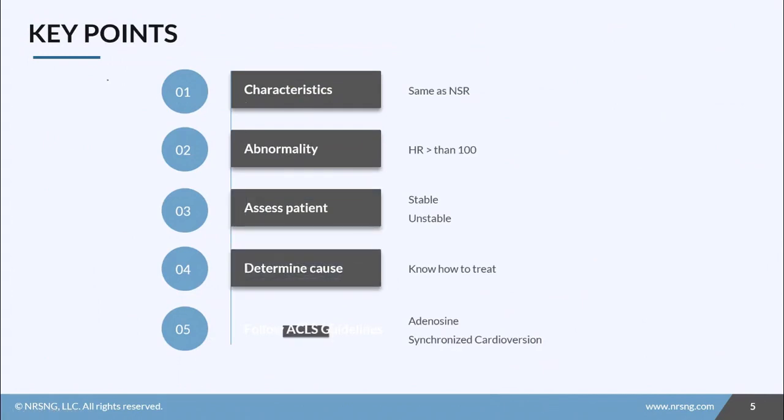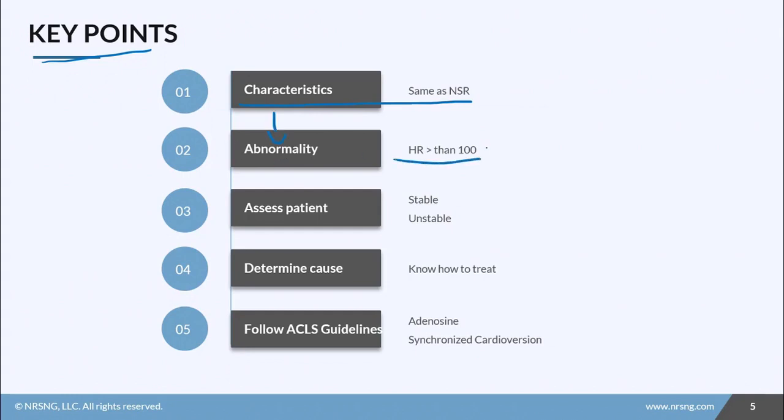So the main key points to take away from this lesson are the main characteristics of sinus tachycardia. They are the same as normal sinus rhythm. However, the only abnormality is that the heart rate is greater than 100 beats per minute. Make sure that you always assess your patient first. Find out, are they stable or unstable?